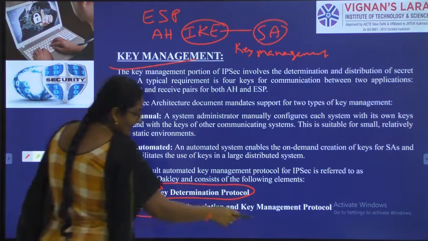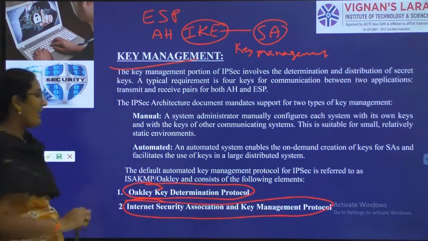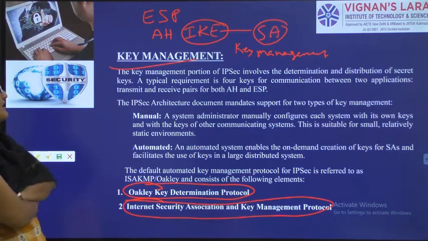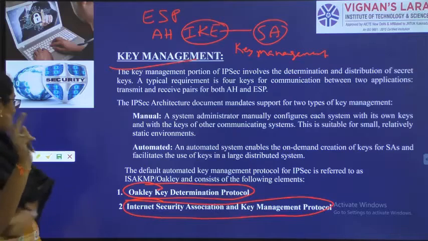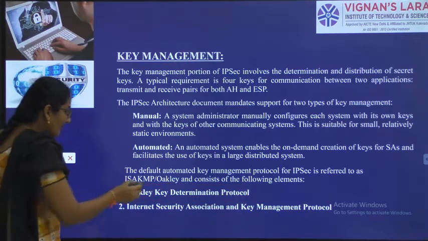That internet key exchange is again divided into two things: security association and key exchange. Now the last part we left over is key management. For key management we have two different protocols: Oakley key determination protocol and Internet Security Association and Key Management Protocol.